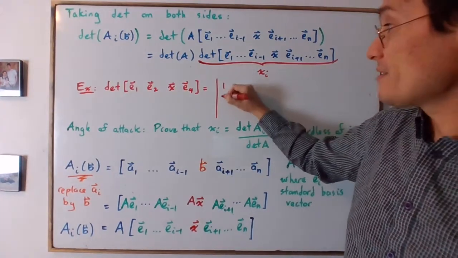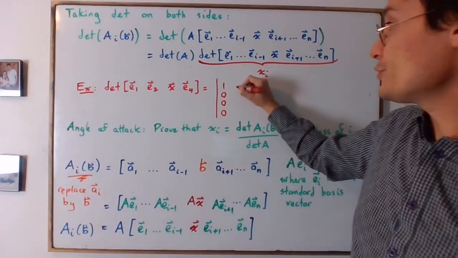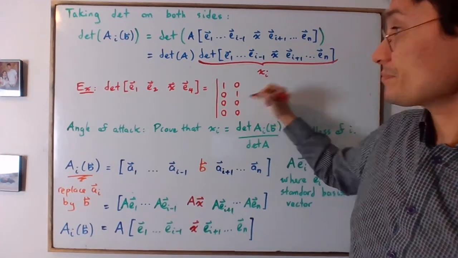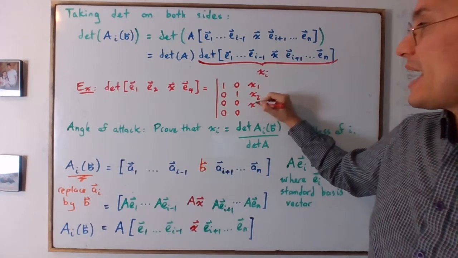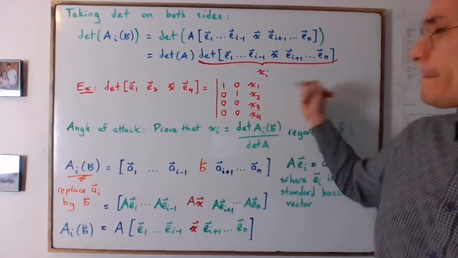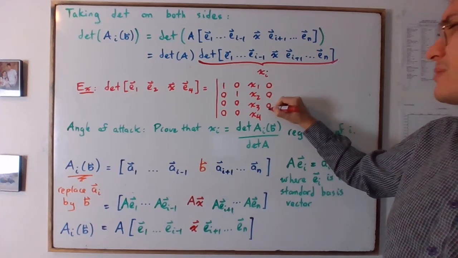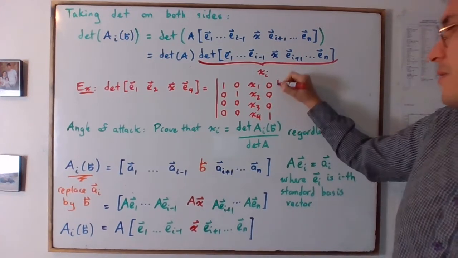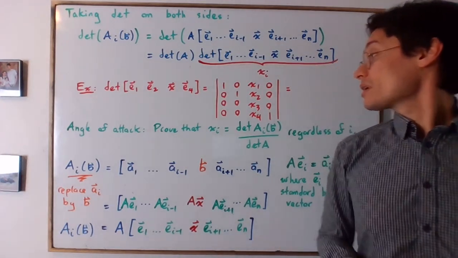E1 is the first standard basis vector in R4, E2 is this, X is simply going to be X1, X2, X3, X4, and then finally we have 0, 0, 0, 1. So that is the determinant we're trying to calculate.